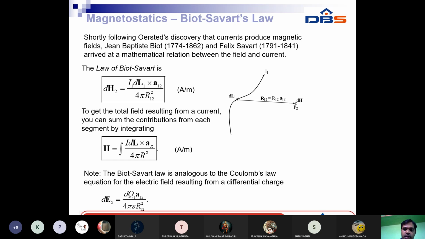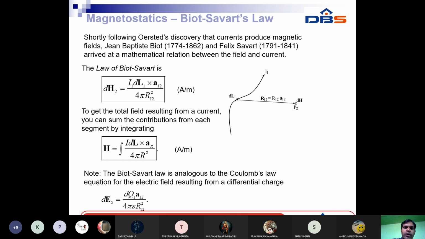Okay, next one is an important concept, the Biot-Savart law. This one is very important. With the help of the Biot-Savart law, first of all, we see how this is helpful to me. What is the statement of the Biot-Savart law, and what can I recognize with its help? These are the questions we need to discuss before going to the topic.